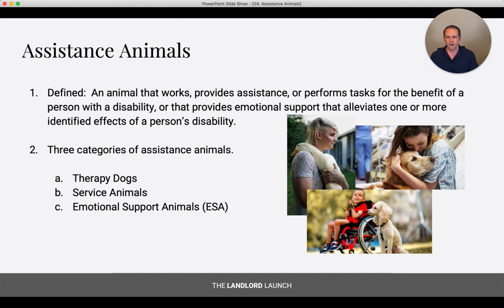There are three types of animals generally discussed when we talk about assistance animals, and assistance animal is the parent category of these subsets. ESA, emotional support animals, is one of those subsets. Those three categories are therapy dogs, service animals, and emotional support animals.